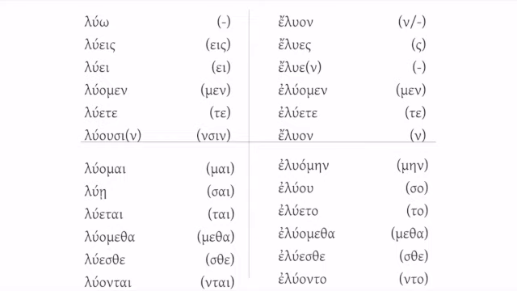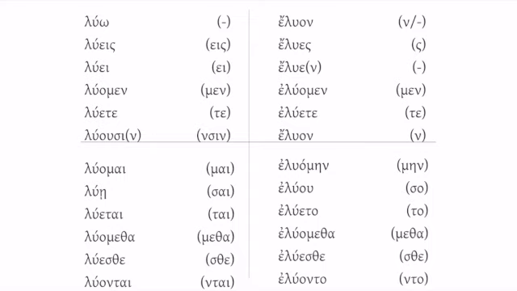The middle passive, just like the active, is going to be based off the imperfect middle passive. Actually, I said the aorist middle passive, but this is the aorist middle. We're going to have a distinct aorist passive. So when you parse an aorist middle verb, it's got to be middle, whereas when you parse an imperfect verb, it could be middle or passive.